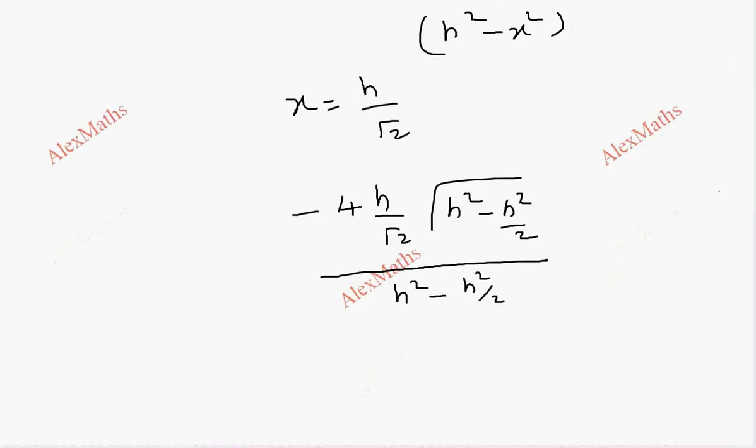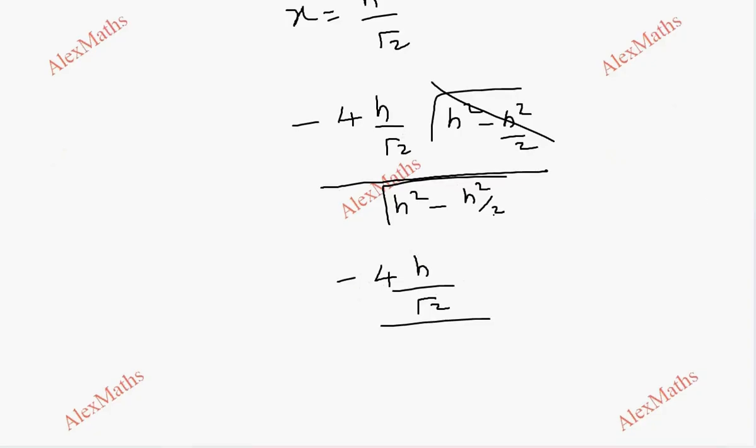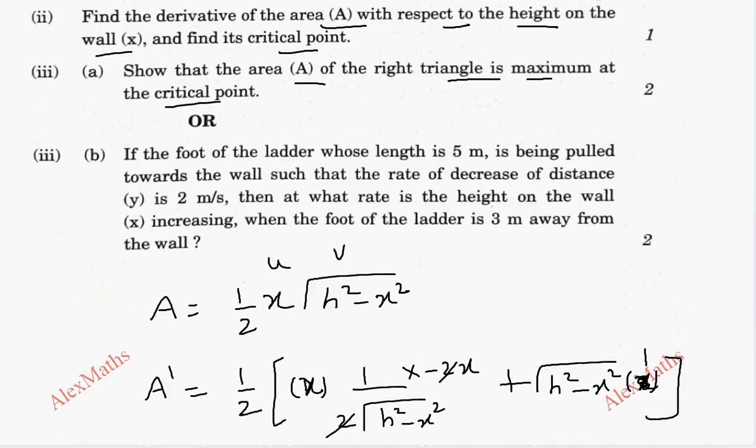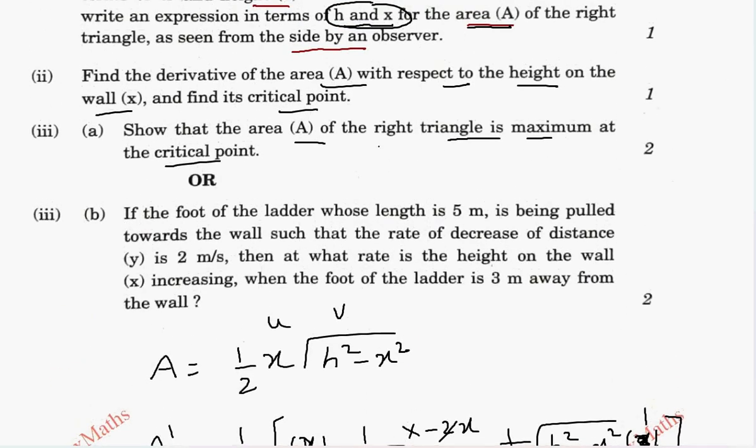And anyway these two terms are same, we can cut this root and put root here. So minus 4h by root 2 by this, taking LCM we get root of h square by 2. Anyway this is less than 0, therefore it is maximum. So second derivative less than 0, we get maximum. So we proved the area of the right angle triangle is maximum at the critical point.